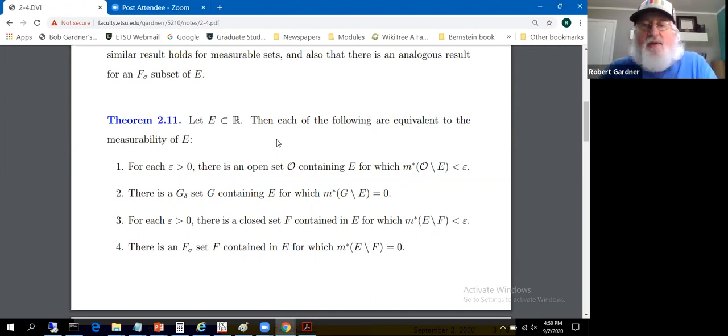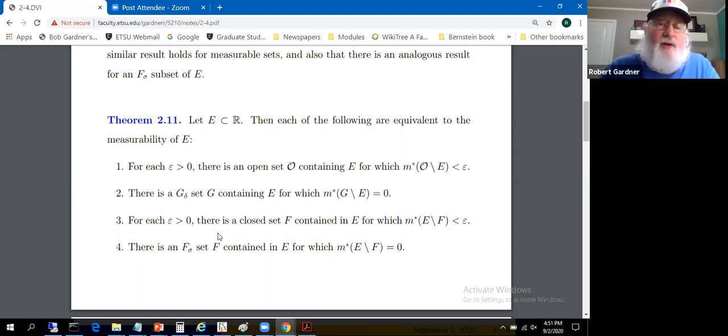So the claims are, for every epsilon greater than 0, there's an open set O containing E for which the outer measure of O set minus E is less than epsilon. Secondly, there's a G delta set G containing E for which the outer measure of G set minus E equals 0. And then sort of similar results for closed sets and F sigma sets, but subsets now.